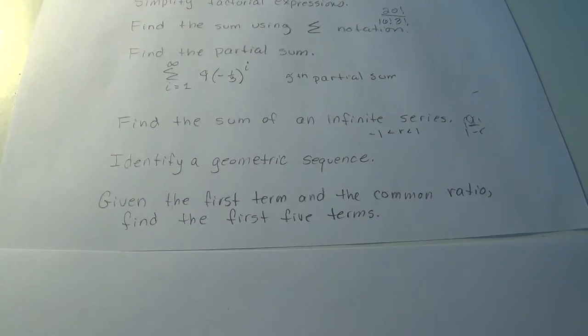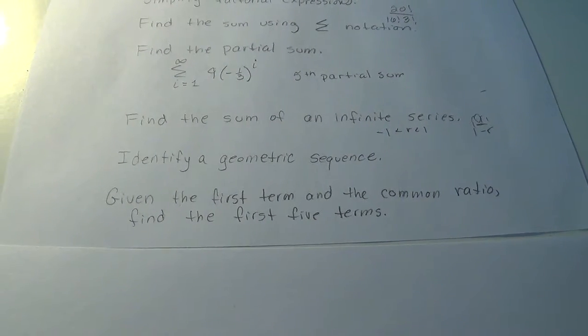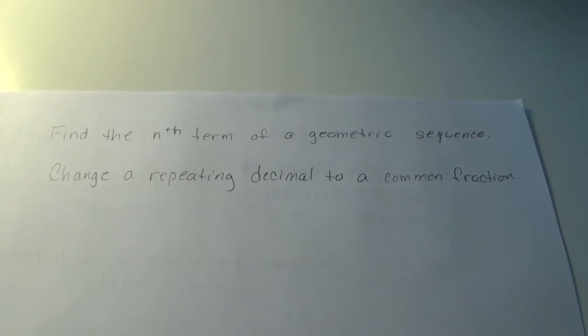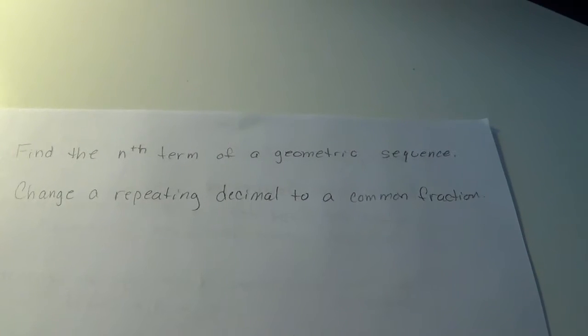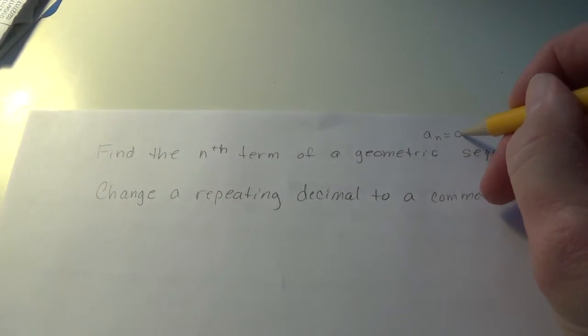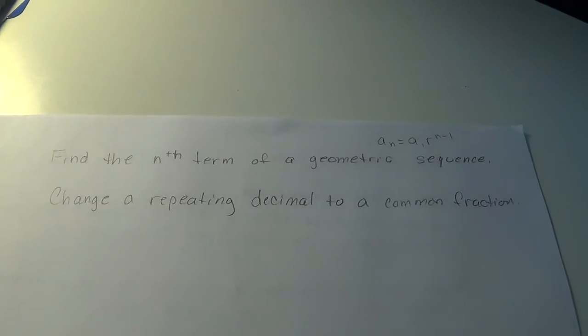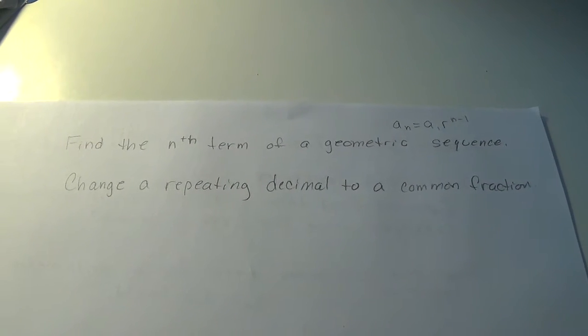Given the first term and the common ratio, can you find the first 5 terms? Indicating a common ratio means we are in geometric land. And the last two I said are find the nth term of a geometric sequence, and the nth term was a sub n equals a sub 1 times r to the n minus 1. And lastly, change a repeating decimal to a common fraction.